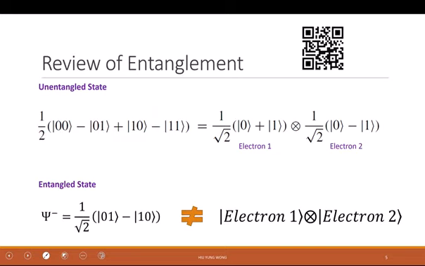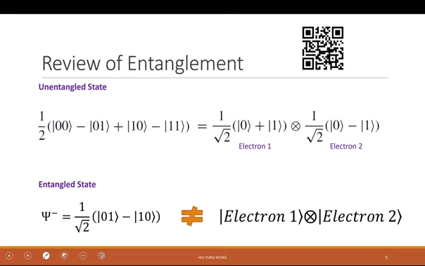And I tell you that this one, we can factorize it so that it becomes a tensor product of the states in each of the subspace, the space of the electron 1 and the space of electron 2, right? And now you understand what is a tensor product. It's just like a multiplication. But basically, this system, which has 2 electrons, can be described individually by the properties of this individual space, which then go through the tensor product.